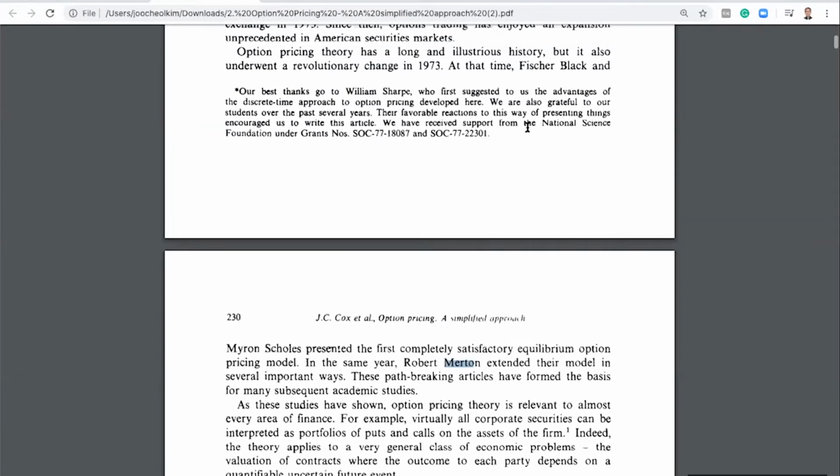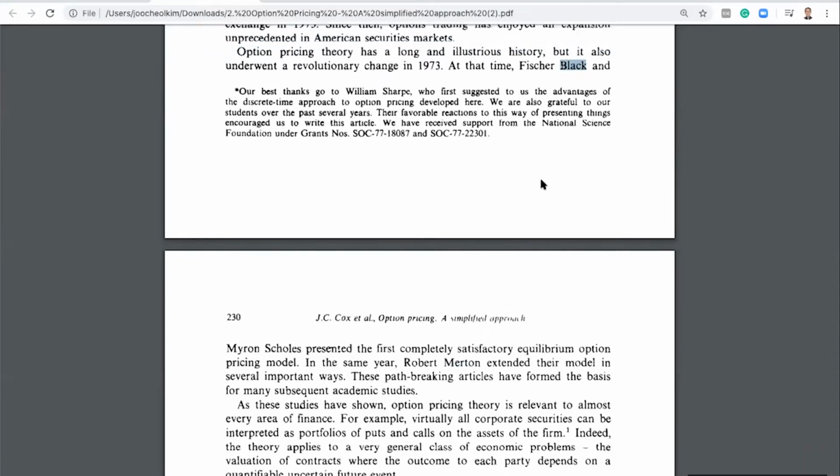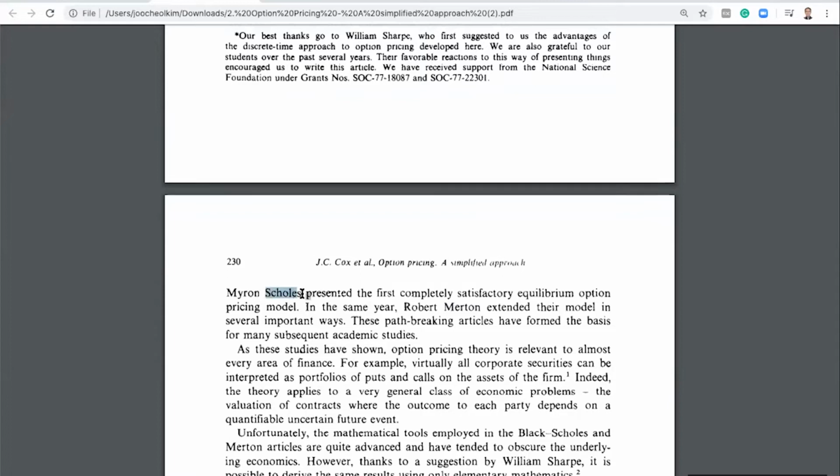Fisher Black was, as far as I know, a consultant at MIT, Myron Scholes was an assistant professor in the MIT economics department, and Robert Merton was actually a PhD student at MIT, and they knew each other.